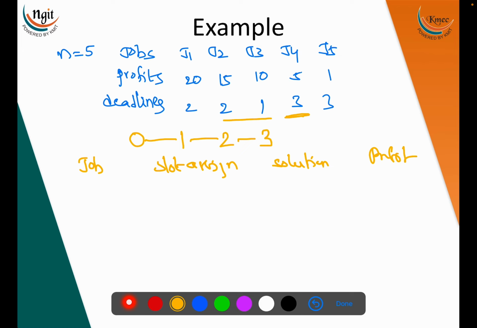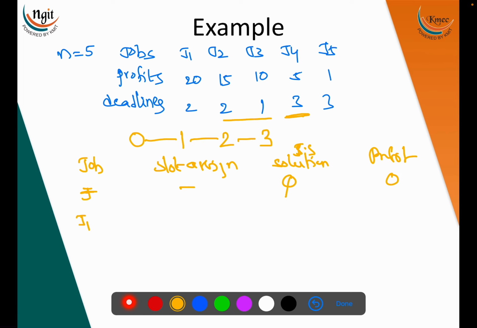Now the solution is nothing but the sequence, the job processing sequence. Initially all are null, right? Solution is empty, profit is 0. Now I am choosing J1. In which slot can I finish J1? J1 can wait 2 hours of time.